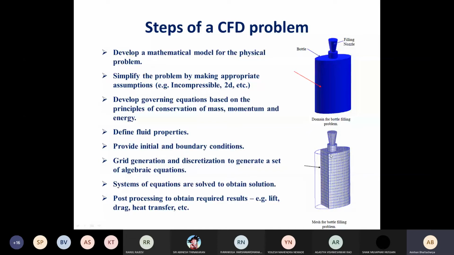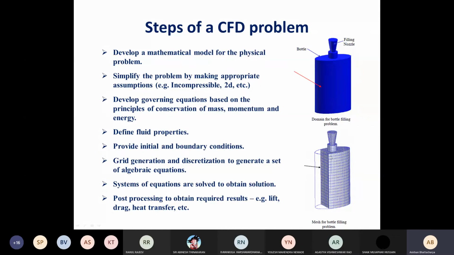The main purpose of CFD, or the main methods, involve converting these governing equations, which are PDEs, partial differential equations, into algebraic equations. There are different methods to do that, and that will be one of the major parts of our course, to learn how to convert these partial differential equations into algebraic equations.